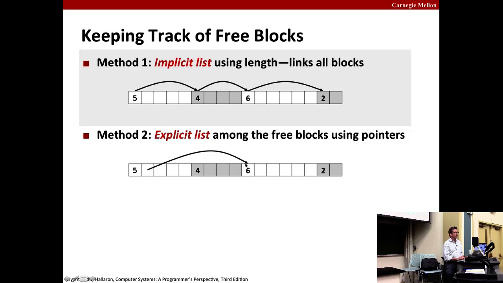You can see this might be more efficient, because with the implicit list, traversal is linear in the total number of blocks in the heap, which might be quite large. There could be lots of allocated blocks. With an explicit list, any traversal will just be linear in the size of the free list.